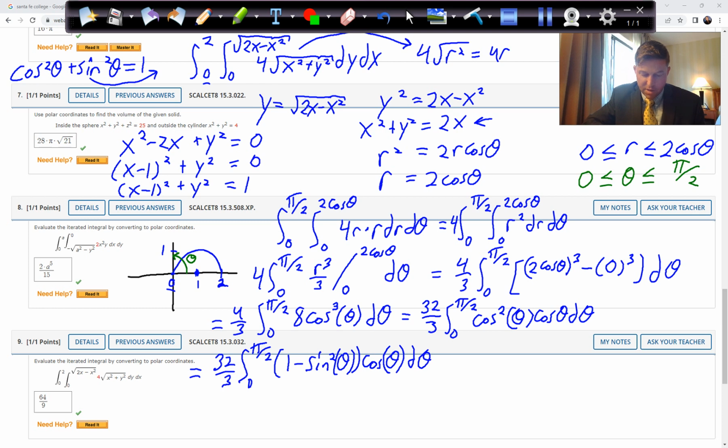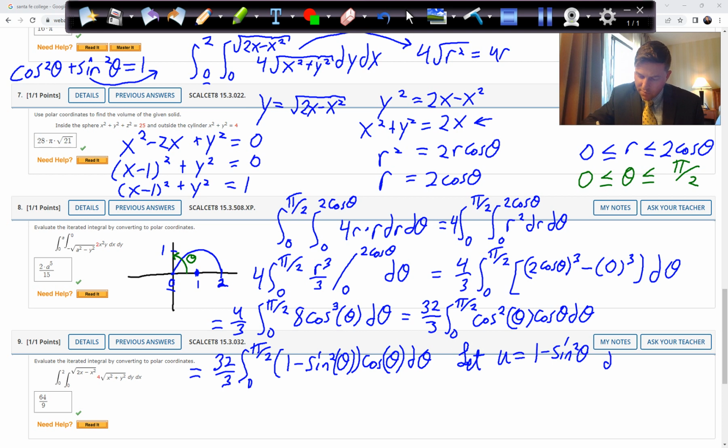Okay, and because of that, now we can do a u substitution. Let me see what I did here. Yeah, I believe we can do the whole thing. So let u equal 1 minus sine squared theta.